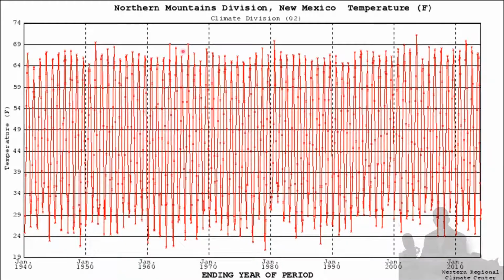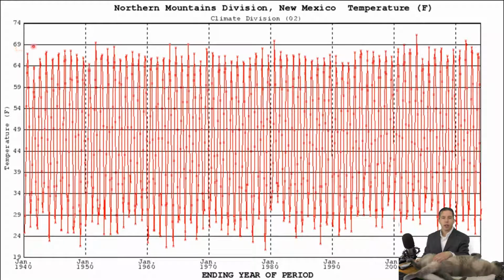Or you could look at the summers and say, okay, here's a 69-degree line for reference, and you can see how often the summers reach that 69-degree line and either met it or maybe went a little bit past it. If we're just eyeballing this, notice how much white space there is between, say, the 64-degree line and the 69-degree line.